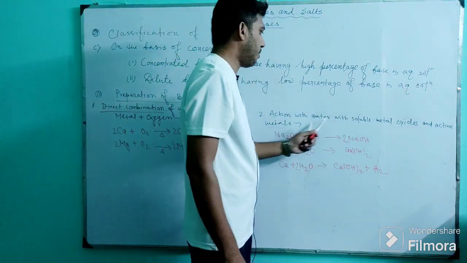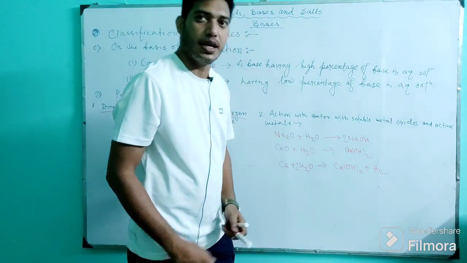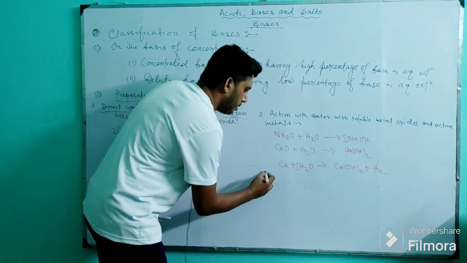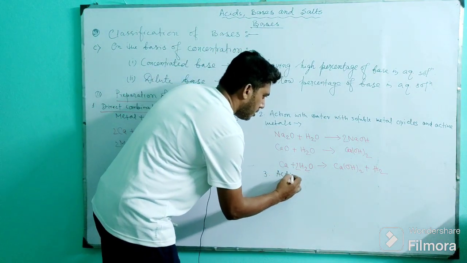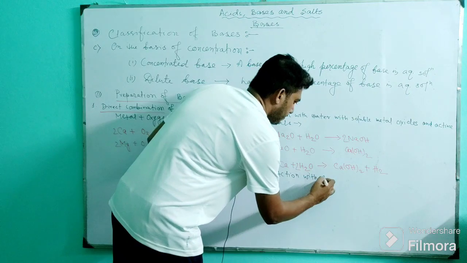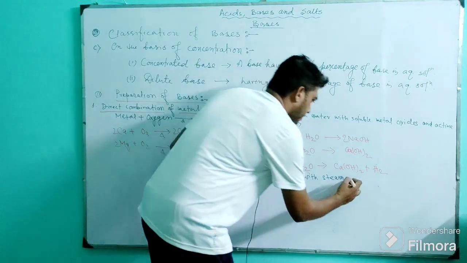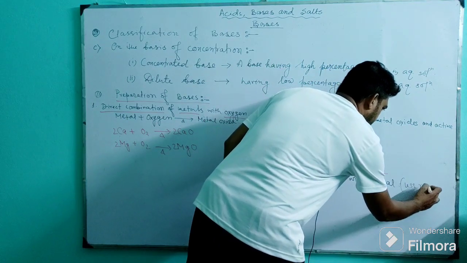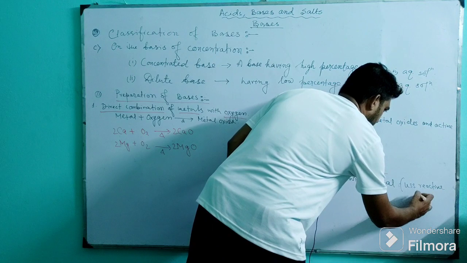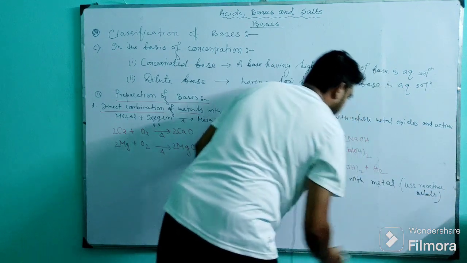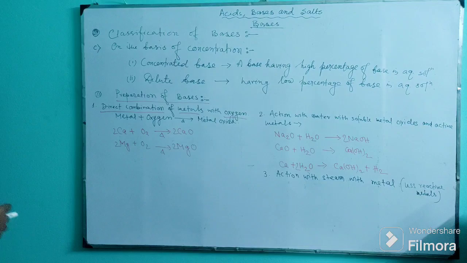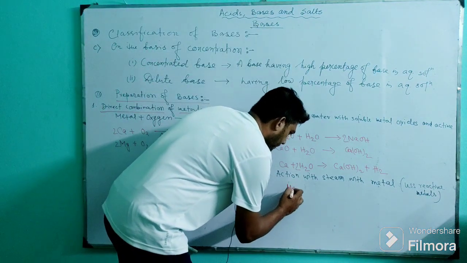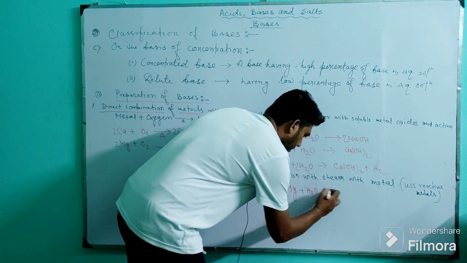Okay, the next category is action with steam, meaning boiling water. Action of steam with less reactive metals. Here you can check some comparatively less reactive metals, like magnesium plus H2O.